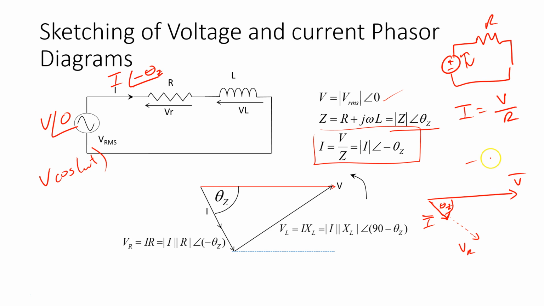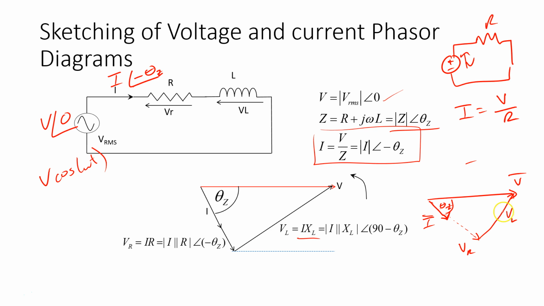And then VL, which is I by XL, will be the magnitude of I by the magnitude of XL, by the angle of XL. When I add that to the angle here, it will be minus theta Z plus 90. So to the angle of minus theta Z, I add 90 degrees and I get something going this way. And this will be my VL.